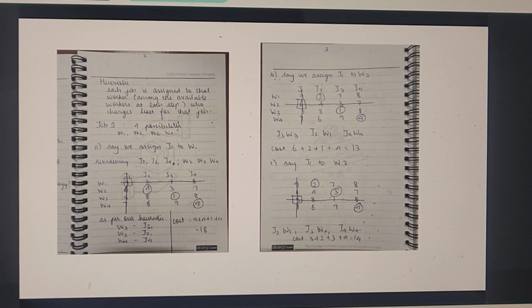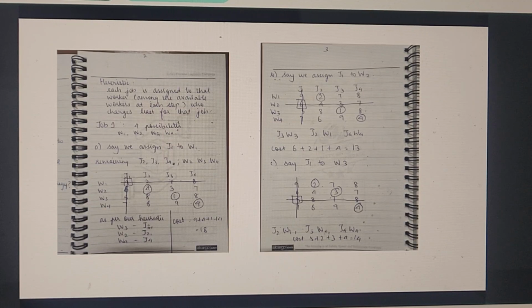So instead of looking at it worker wise, what if we go job wise? For each job you see which worker charges the least, you assign that job to that worker, and then you go to the next job and you check from the remaining workers and so on.